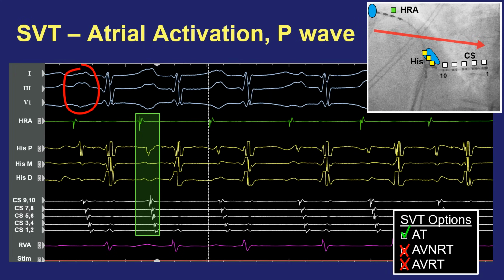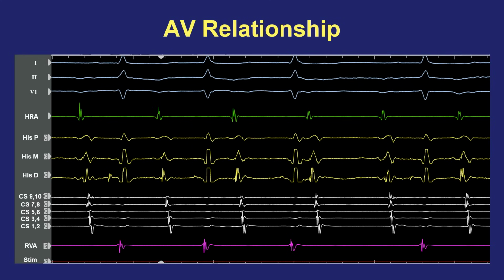So if we cross off AVRT, we're left with only one conclusion, that being atrial tachycardia. There are other maneuvers that we'll talk about that you can distinguish AVRT from atrial tachycardia, but the P wave morphology should not be overlooked, and in this case was very helpful.